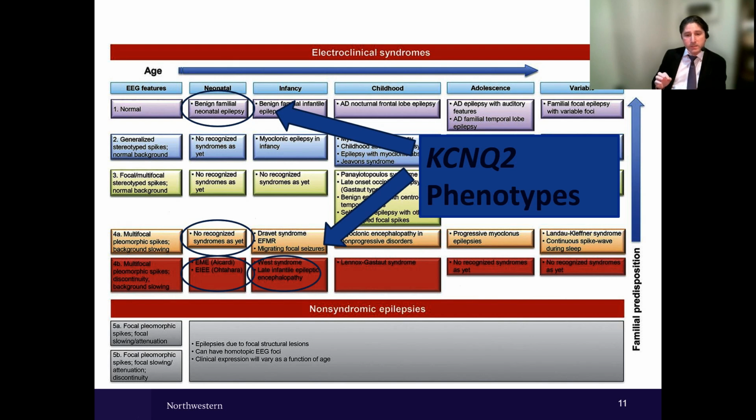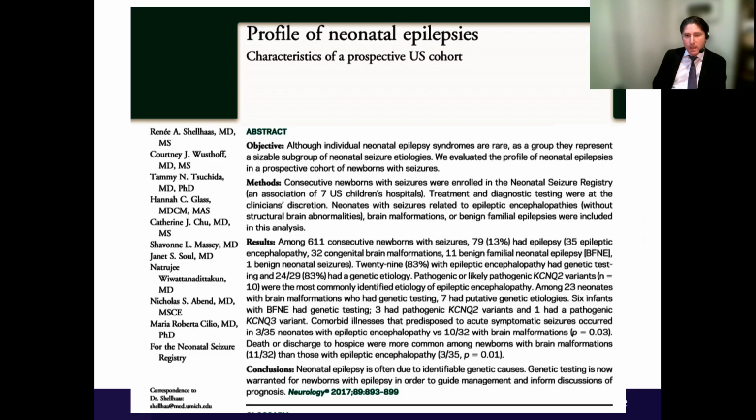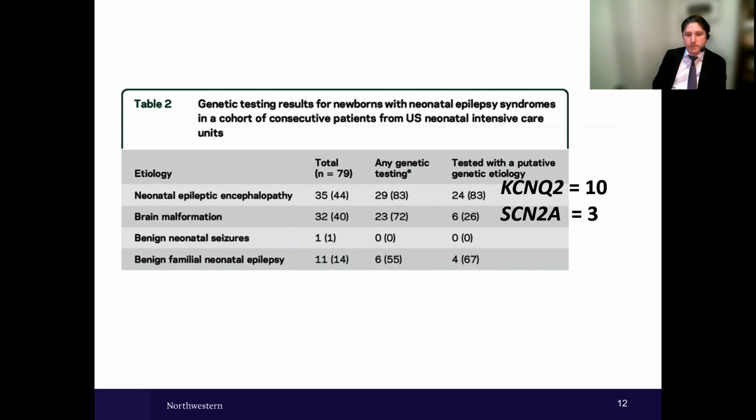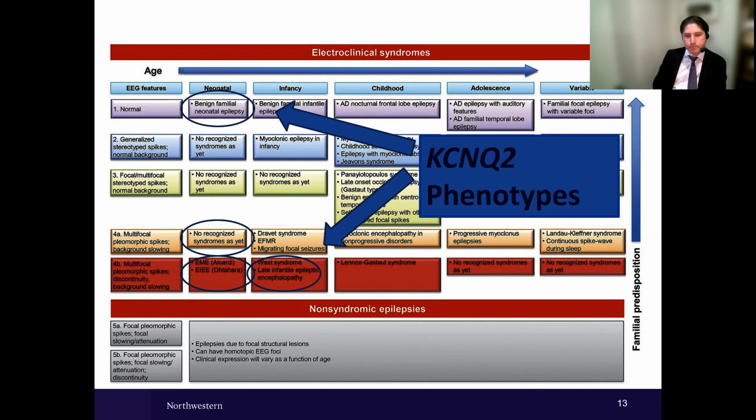So just very simply, they should have a normal EEG in between the seizures and have seizures that begin in the neonatal period. And we know from work done by my neonatal neurology colleagues that KCNQ2 is the most common cause of neonatal onset epilepsy, at least in this cohort that was tested, with SCN2A as a close follower.